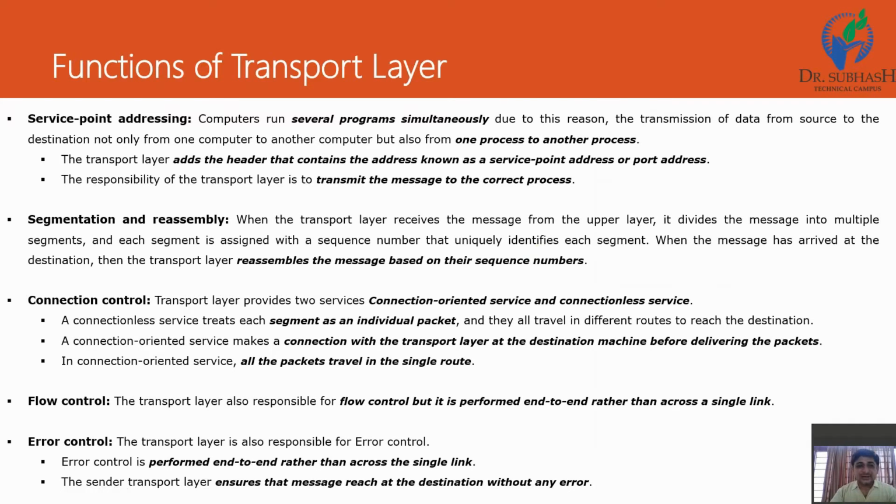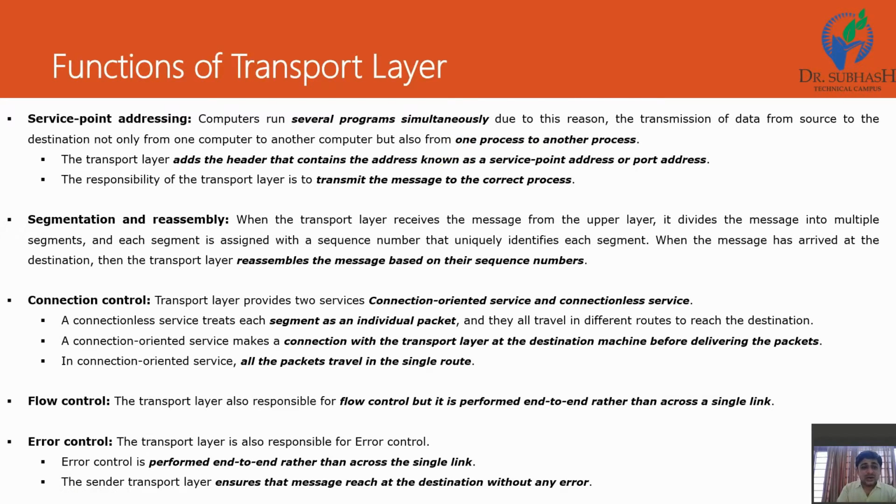There are detailed functions of the transport layer also available. That is service point address. That means there are so many programs working simultaneously at the same time. There are so many processes working in the background also. So one process to another process may be handled by the transport layer.